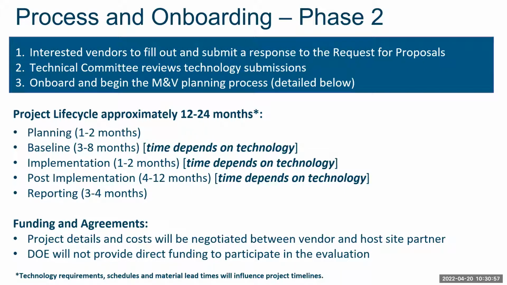And some of the projects weren't super weather dependent or seasonally dependent, so we didn't have to take as much M&V after the technology was installed. So a lot of these numbers can vary quite a bit depending on the technology.